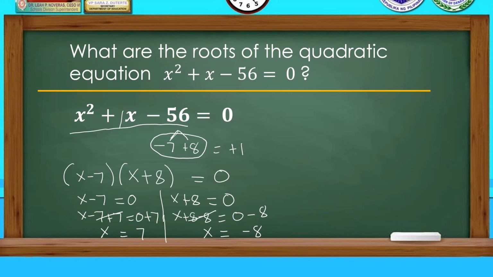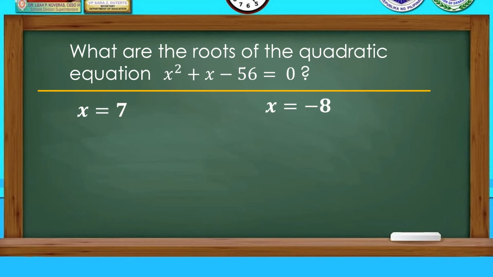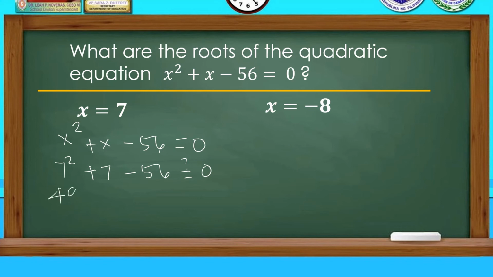For the last step, we have to check if these two values of x really satisfy the original equation. Let's start by substituting 7 for x in x squared plus x minus 56 equals 0. So 7 squared plus 7 minus 56: is it equal to 0? 7 times 7 is 49, plus 7.